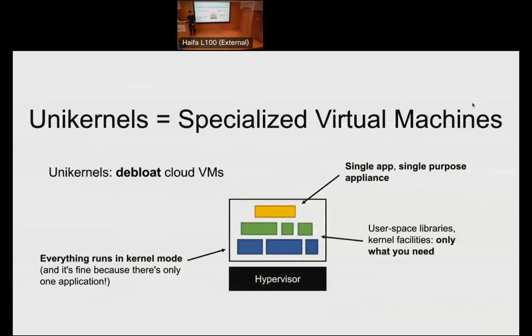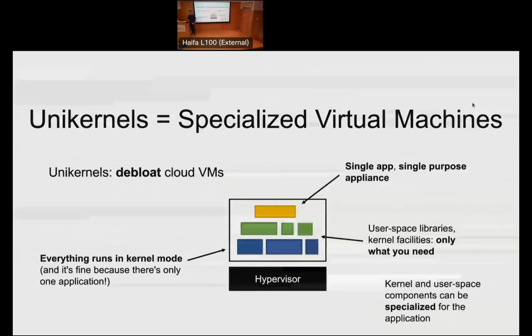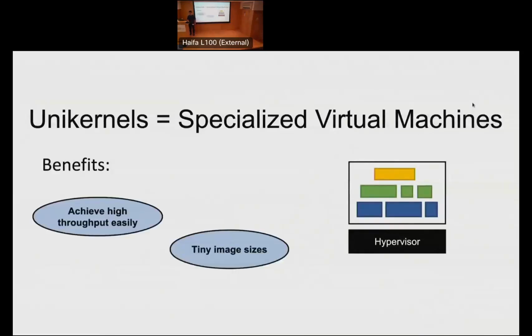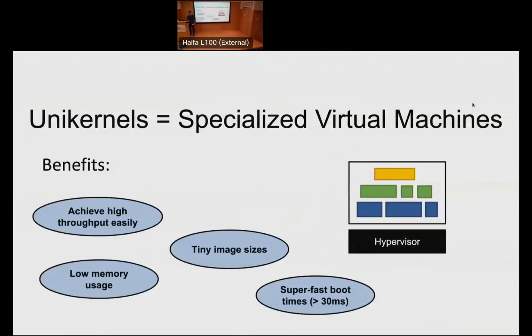And finally, components can be specialized to maximize performance, which is once again possible because there is only one application. Widely recognized benefits of unikernels include really good performance, small image size, very fast boot times, low memory usage, and that allows you to achieve a really high density.